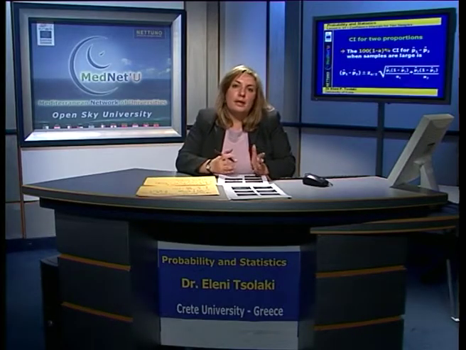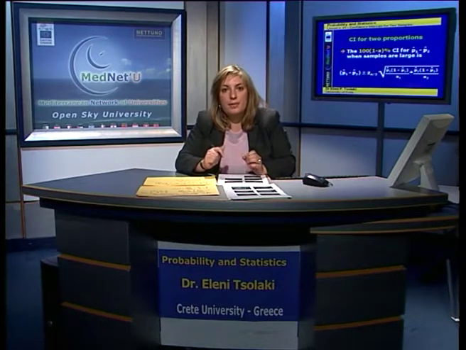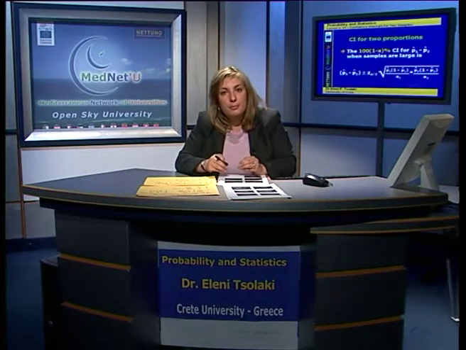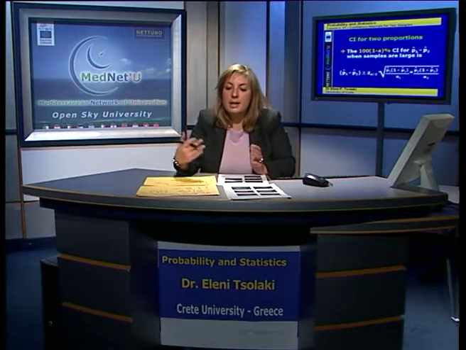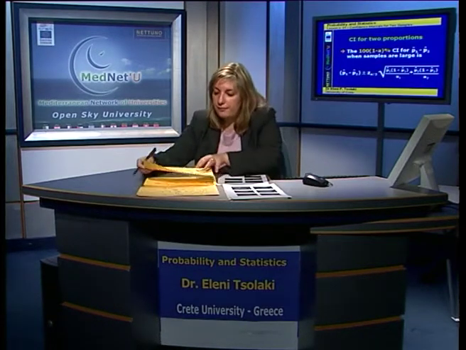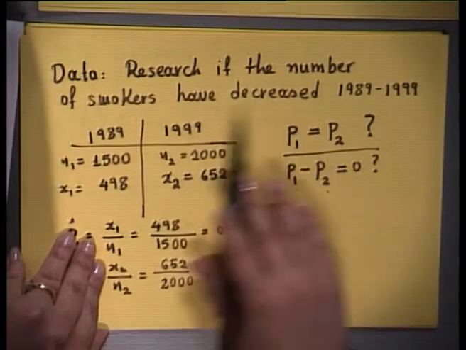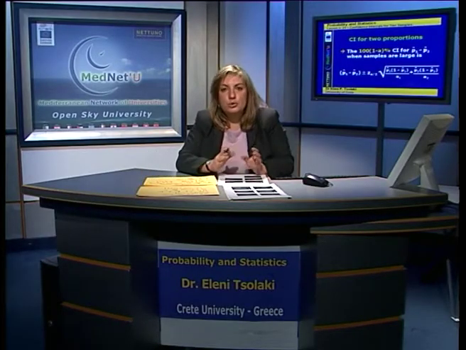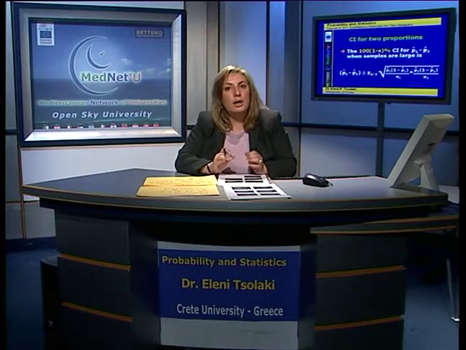Now, we can then conclude from the confidence interval that the two samples come from populations with equal proportions. And so we can answer our initial question: if the number of smokers have decreased, that no, they have not decreased.